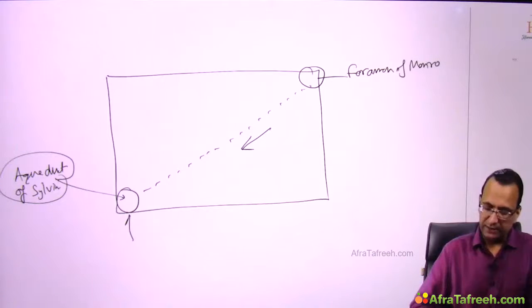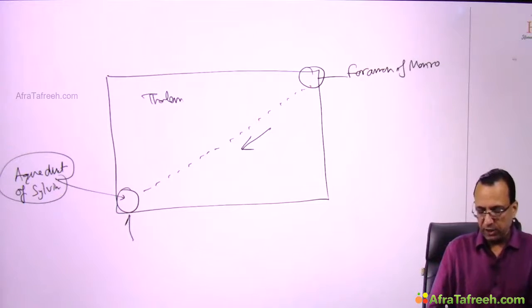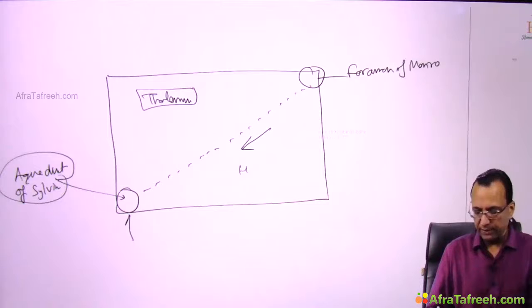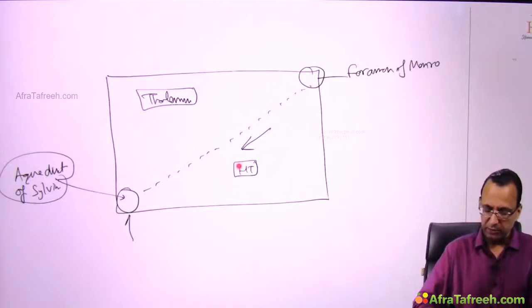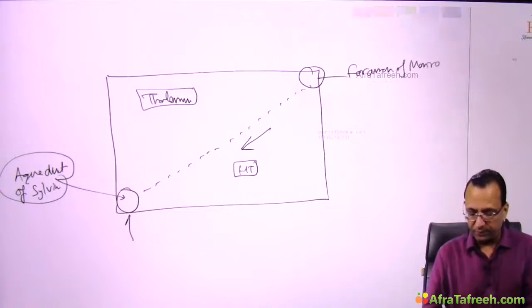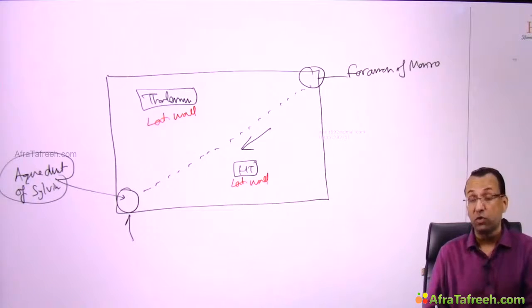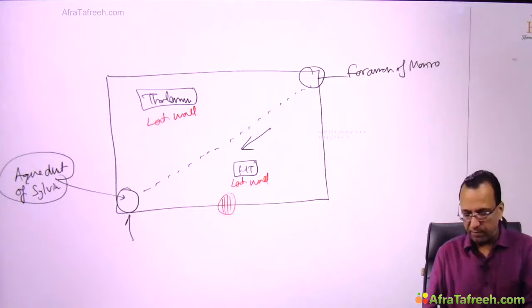As the CSF runs downward like that, it separates the thalamus above and the hypothalamus below. Hypothalamus and thalamus, both of them are lateral wall of the third ventricle. But it is not only lateral wall; it is also floor, giving the mammillary body and the tuber cinereum.